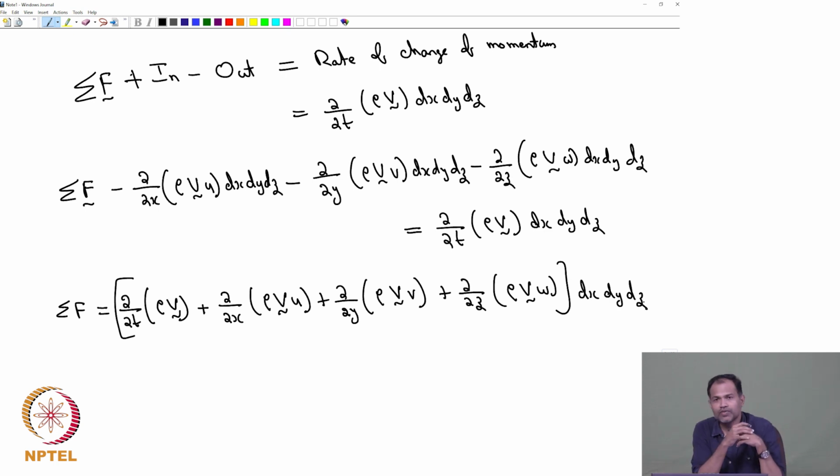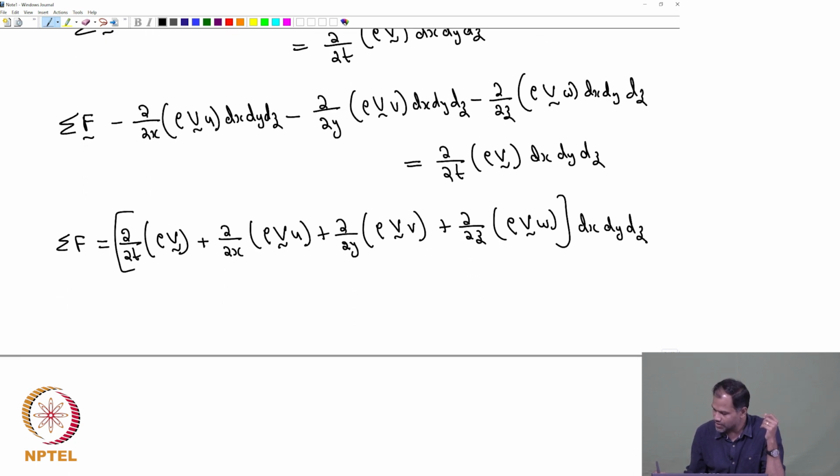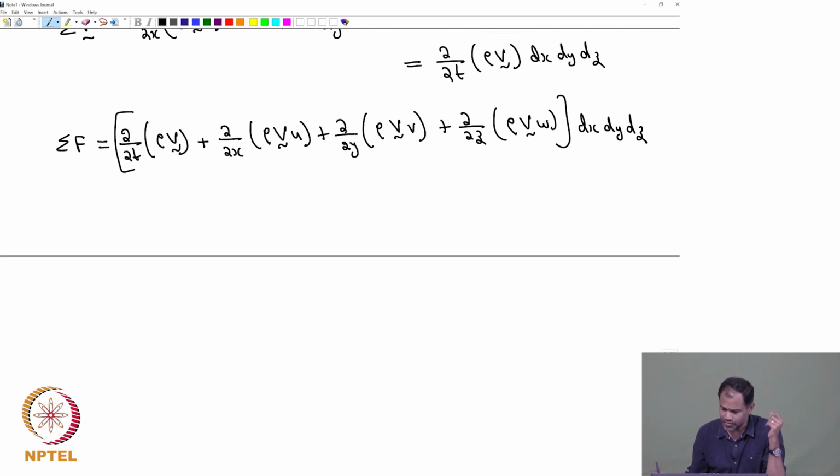So, that is what you get when you rearrange. Now, this expression can be further simplified, and we get that when we are going to apply the product rule. So, let us apply the product rule throughout.